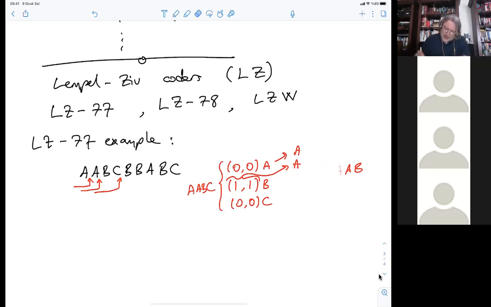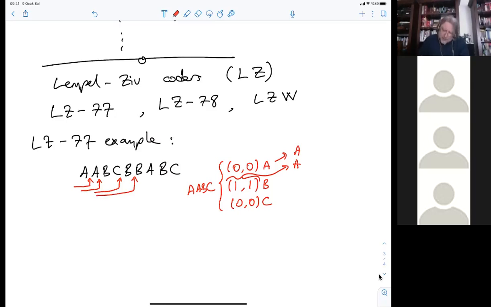So now let me erase this part. Now I arrive here, and I notice that it's B. I can go even one further and look at whether the new symbol pair BB is in the past or not. But BB is not in the past. So every time I arrive, I search backwards, and I can see that B is in the past.